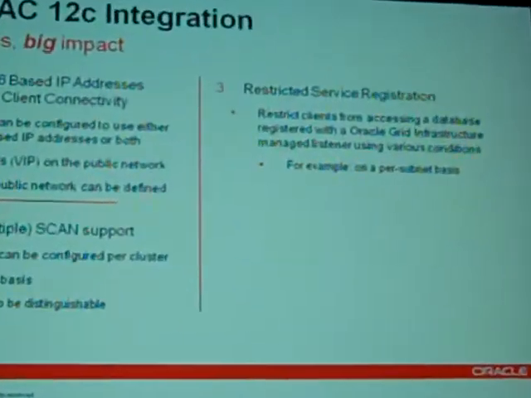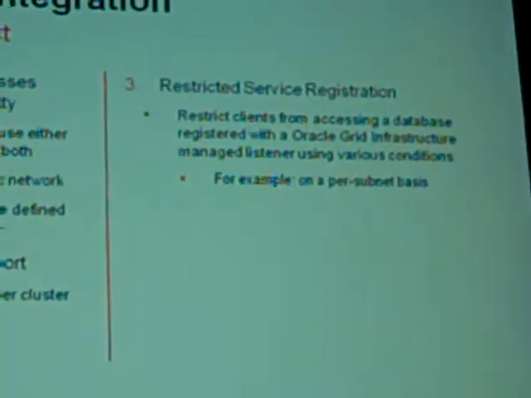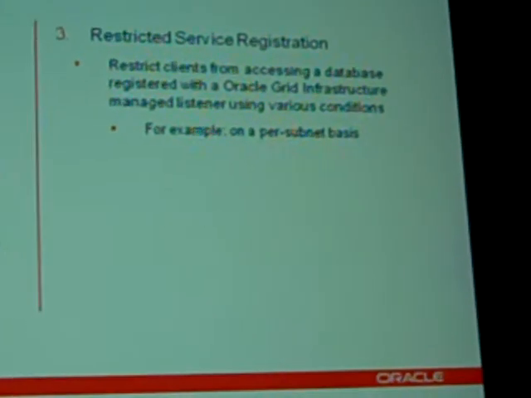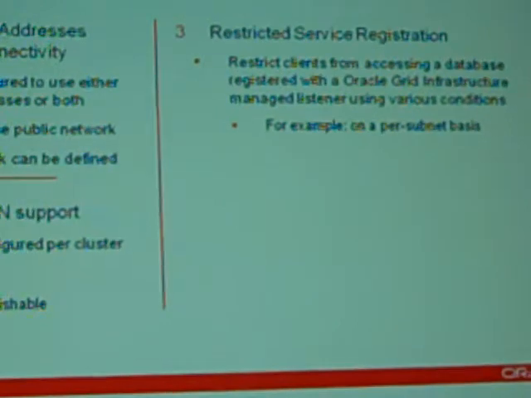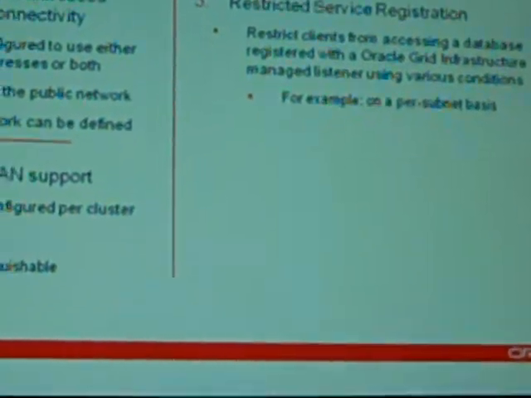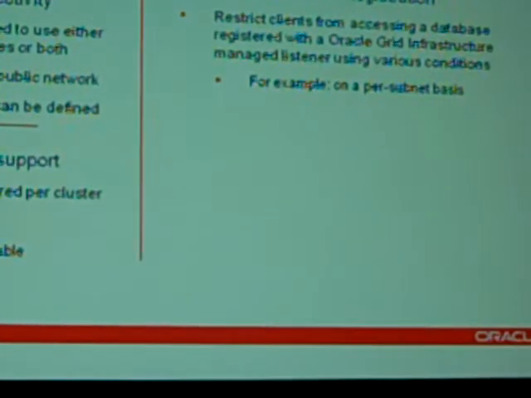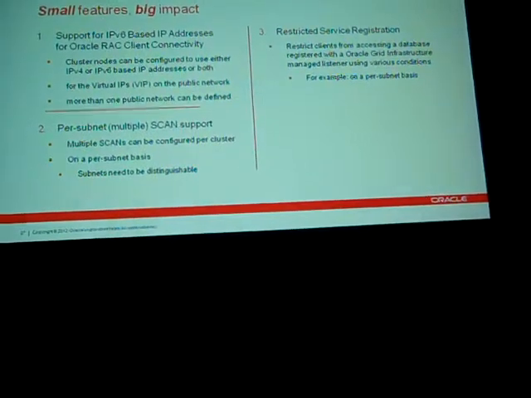Basically what it means is it allows or it restricts clients from accessing a database registered with an Oracle Grid Infrastructure managed listener using various conditions. Well, that's again very techy. You may have heard about this security issue that we had issued lately, where a database can register with any listener that it can access. And we have enhanced a lot of things. I see some nodding heads there, so I guess you know what I'm talking about.